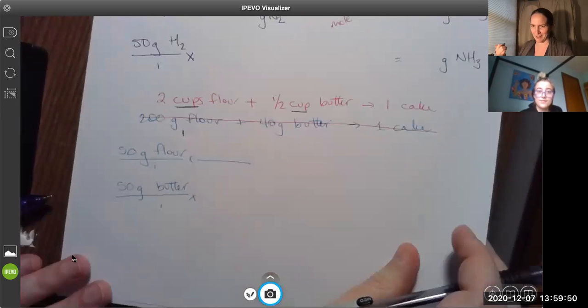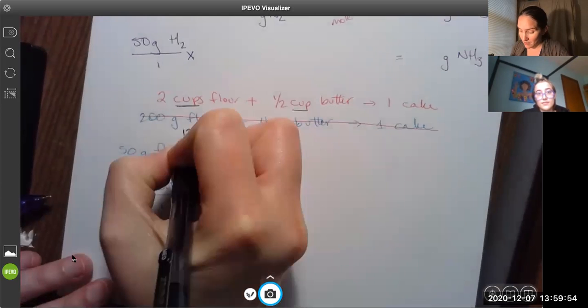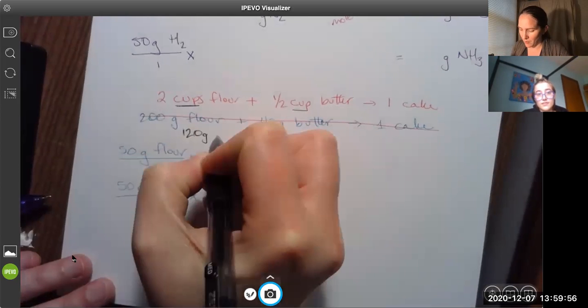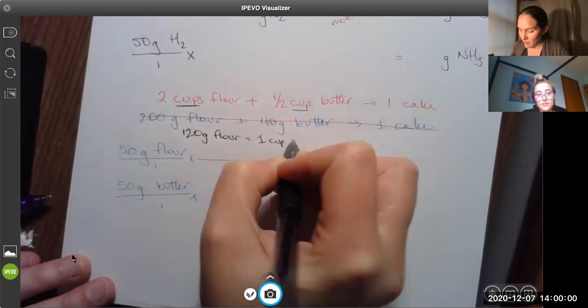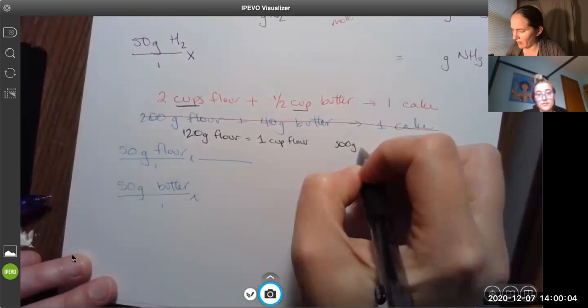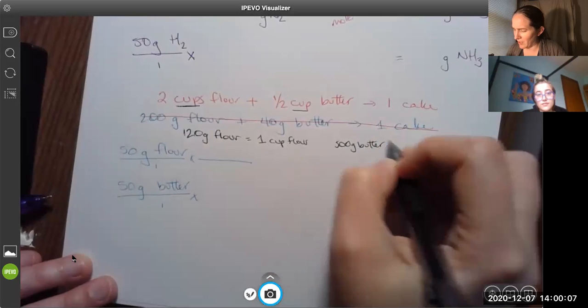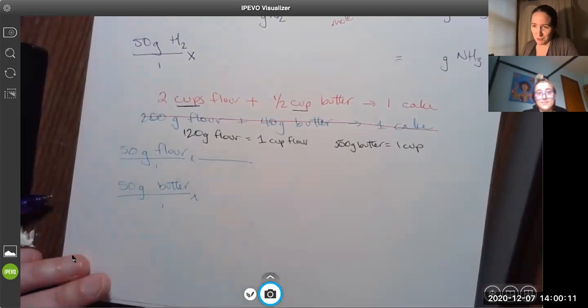So we've got our British folks who are thinking in grams. Let's say it's 120 grams of flour per cup. And let's say it's 500 grams of butter is 1 cup. I just made that up. That could be totally wrong.